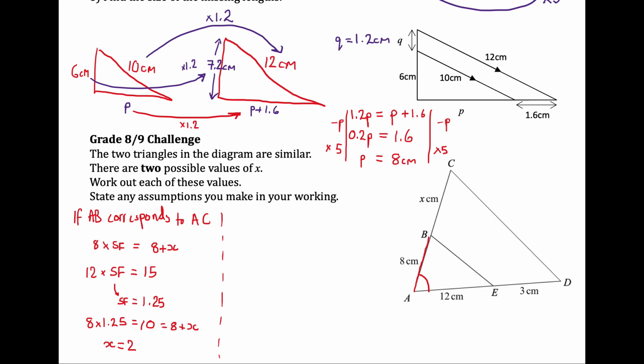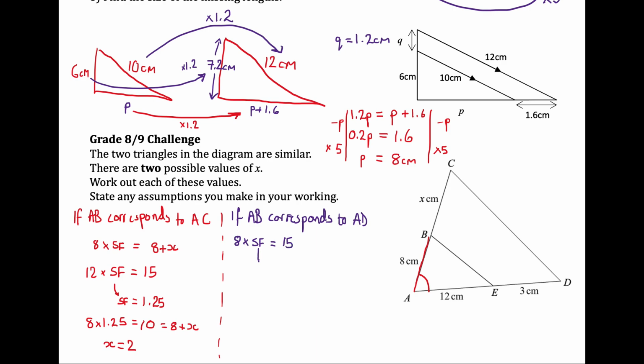Now let's assume that AB doesn't correspond to AC. Excuse my handwriting. It's not easy on this. Let's assume it corresponds to AD, this length down here. Then we know 8 times the scale factor would be equal to its overall length, which is 15.